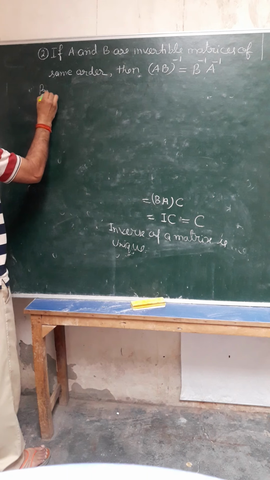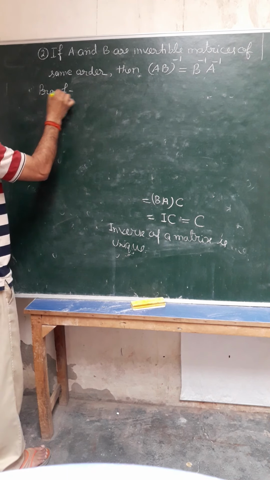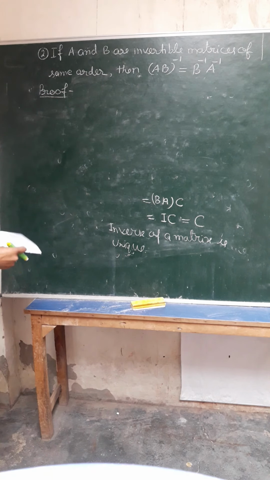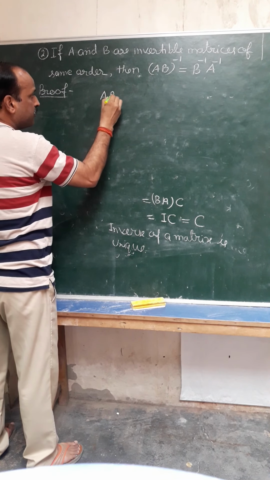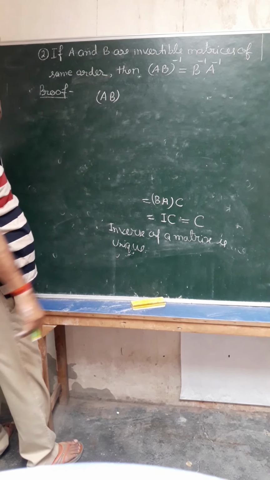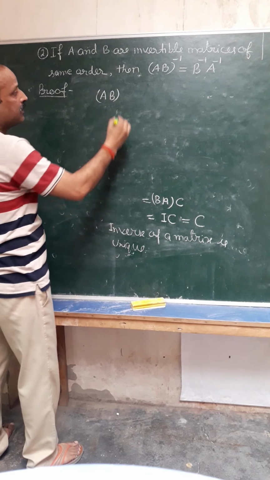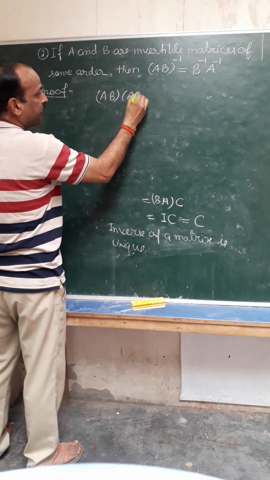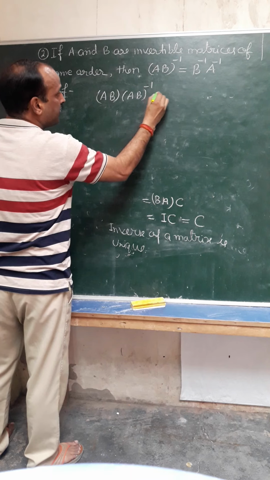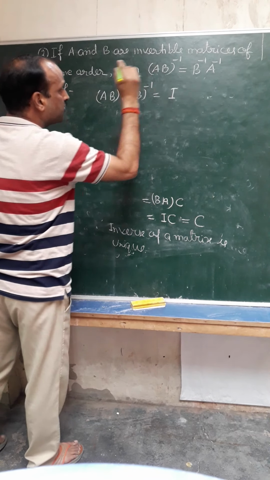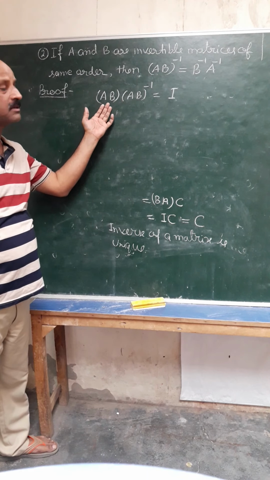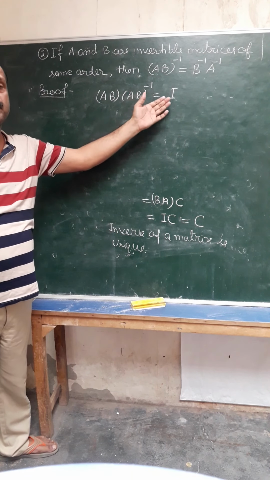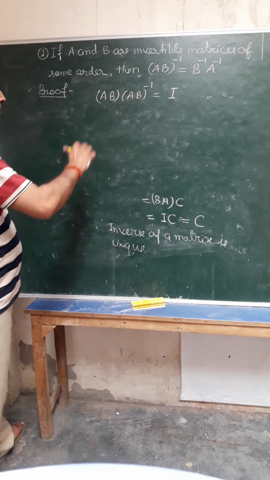See the proof. AB will also be a square matrix of the same order when we multiply A and B. Then by the property of inverse, AB into (AB) inverse is equal to I. When you multiply any matrix by its inverse, you get the identity matrix.